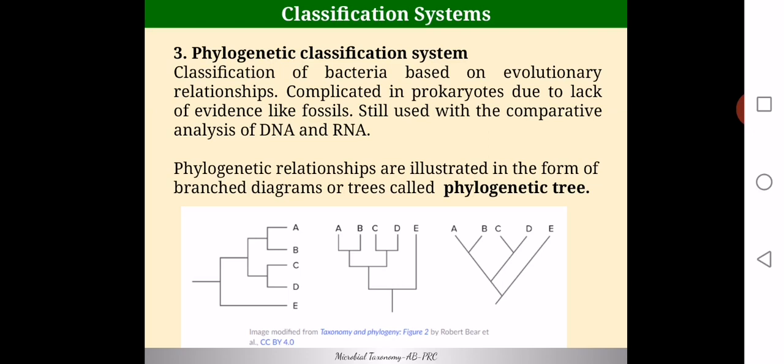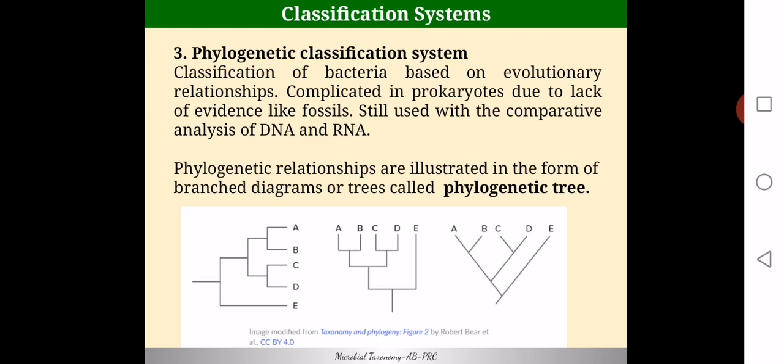So here we do not look at fossils, but instead we look at certain molecular fossils, like certain molecules which maintain the evolutionary relationships, or which are not much changed during evolution. Such molecules are DNA and RNA sequences. These molecules are compared between organisms in order to determine the evolutionary distance.